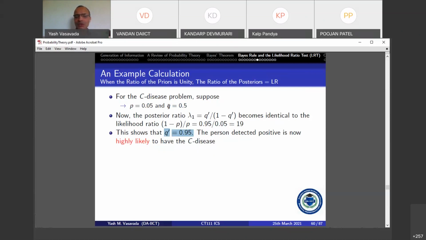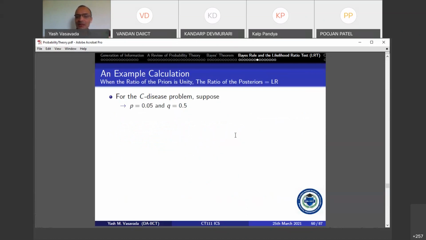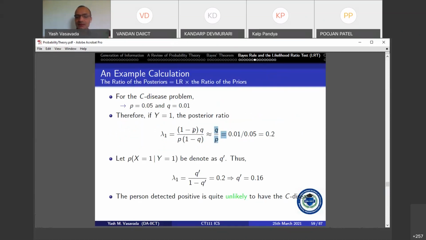So what changed? The only thing that changed was Q. Here it was very small, only 1%. Here I made it 50%. And remember, I didn't make any change to P. P is still 5%. It's only because of this Q that in this case, even after getting y equal to 1, I'm concluding that x is equal to 0.